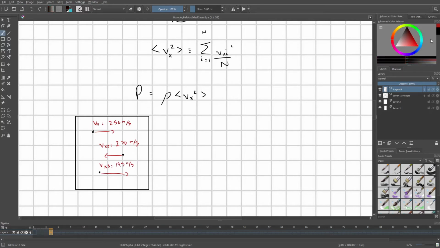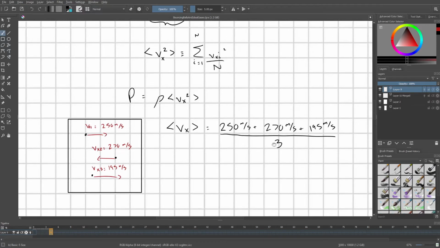All right, now if I just asked you, find the average speed, find the mean speed, and I'll call this vx in brackets like that, just the mean of the speeds, you'd probably recognize to take the 250 meters per second plus the 270 meters per second plus the 195 meters per second, summing up our speeds and then dividing it by the number of speeds or the number of particles.